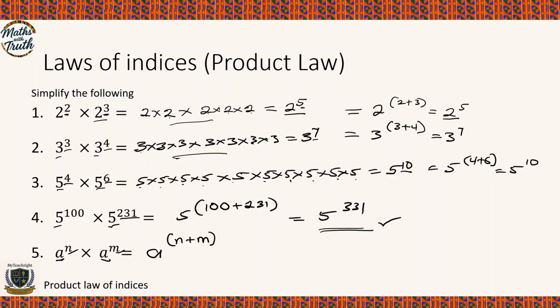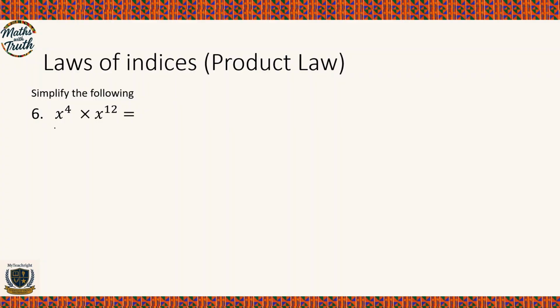Now, knowing that, let's take some questions. One, we have x exponent 4 plus 12, which is x exponent 16. The next problem is a exponent negative 3 times a exponent 7. Negative exponents have a little bit more meaning to them than we are concerned with for now.